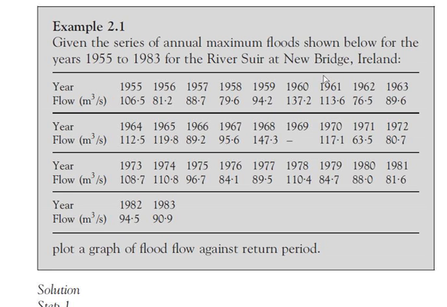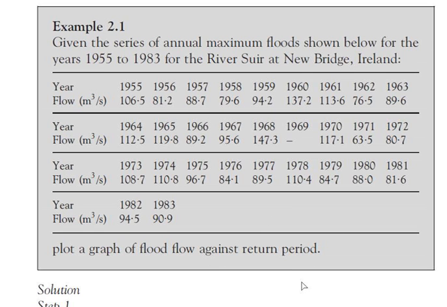And the example is asking us to process this series using a probability function, the Weibull or the modified Weibull probability function, so that we can obtain a graph of flood flow against return period.